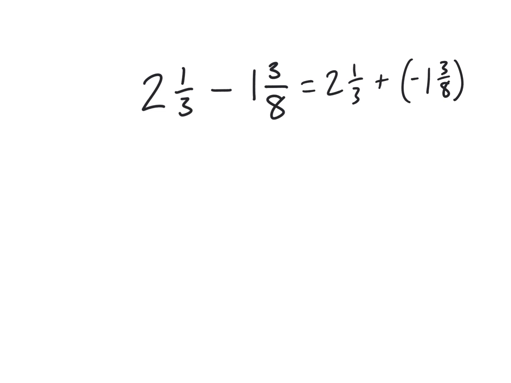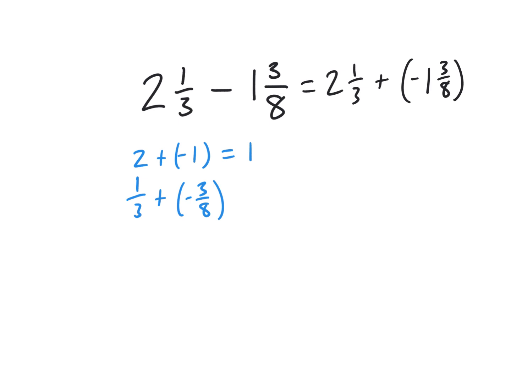And now I'm going to do just what I did with the last one: add the whole number parts together, so 2 plus -1, and then add the fraction parts together, 1/3 plus -3/8.